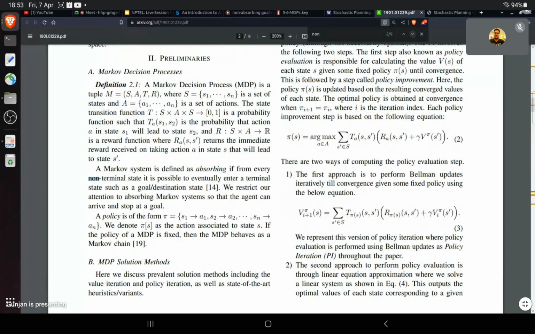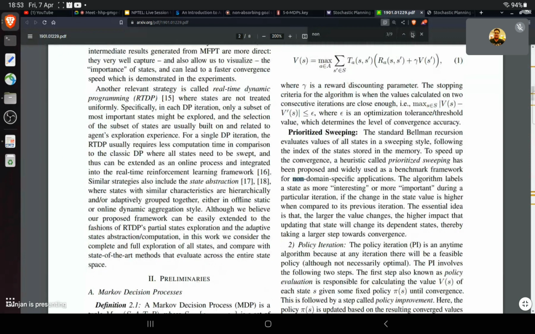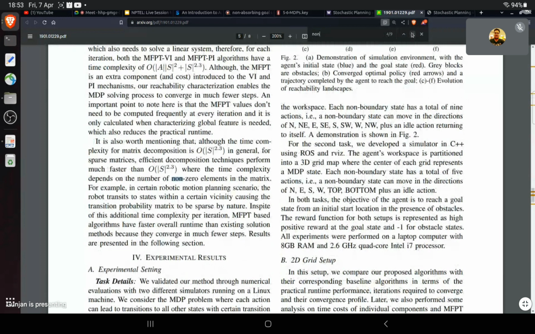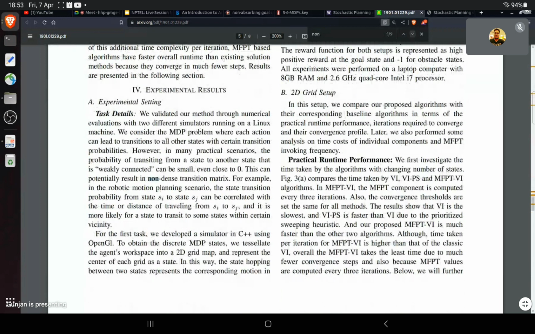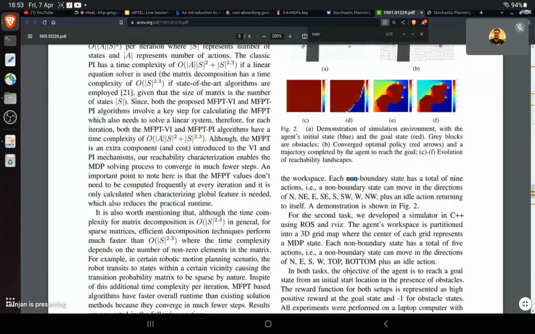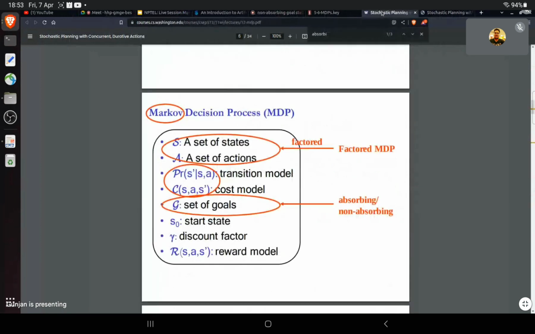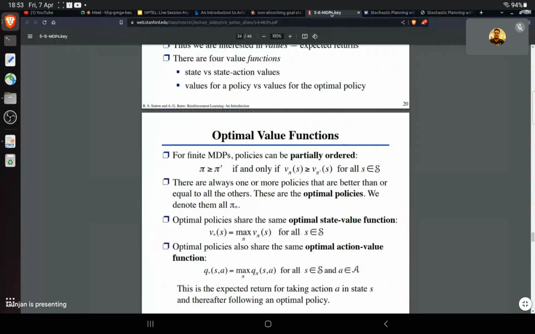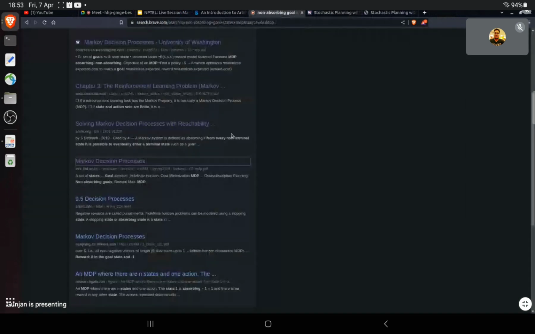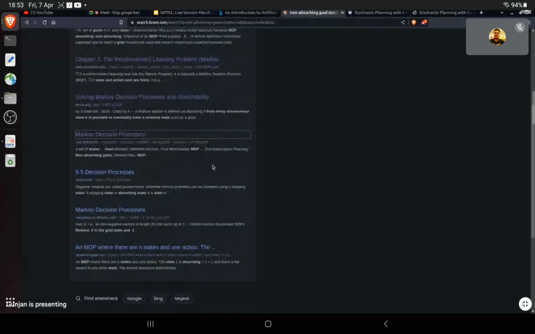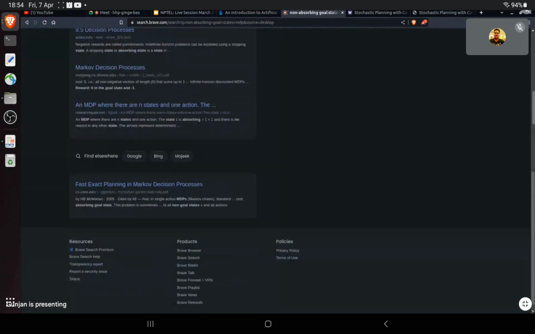The absorbing property has nothing to do with the action. If the goal state is absorbing, that means the agent goes there and dies. I don't think that's how absorbing is defined.